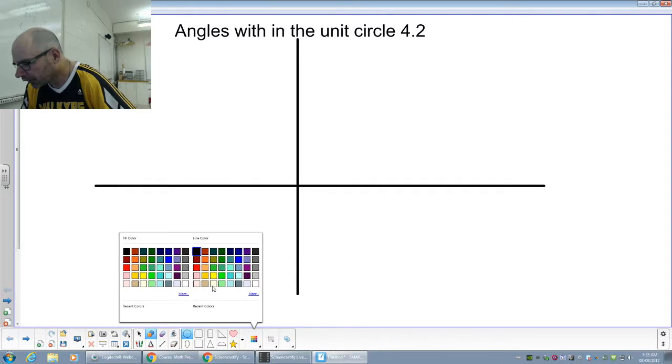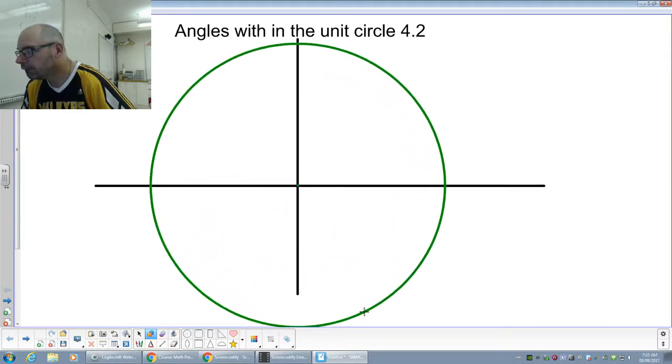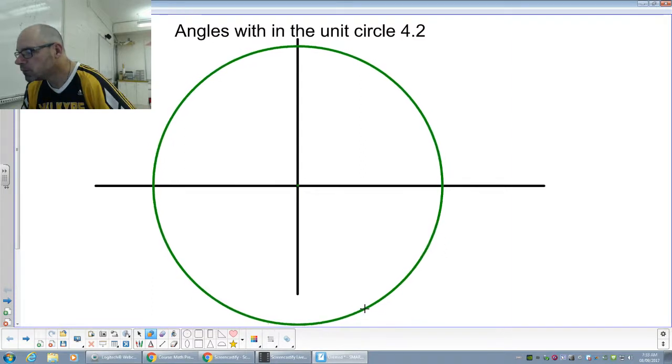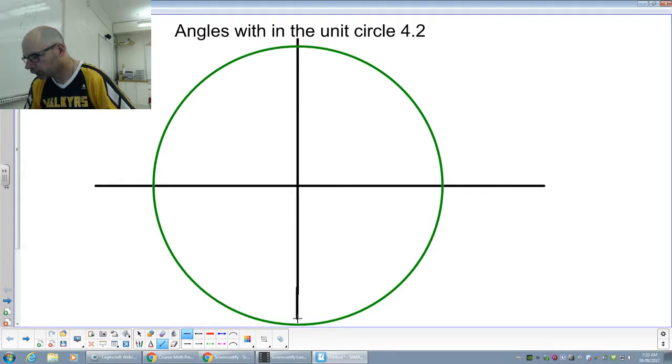Let's go with green. Making this a little bit longer so it goes all the way down. There we have our unit circle that we're going to use.